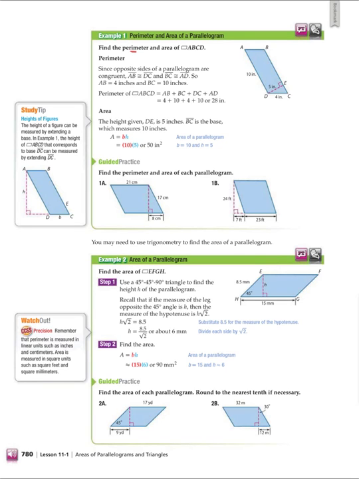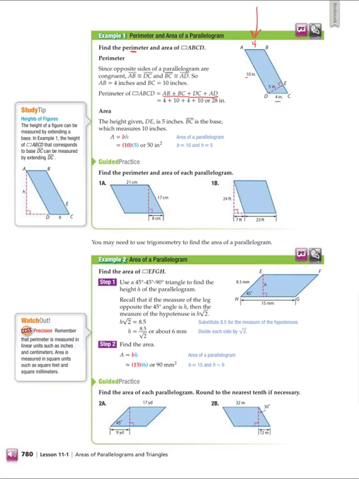So in the case of this figure, we're going to add the length of AB, the length of BC, the length of DC, and the length of AD together. Well, we know that opposite sides of a parallelogram are congruent, or that they are equal in measure. So if DC is 4, then AB must be 4.